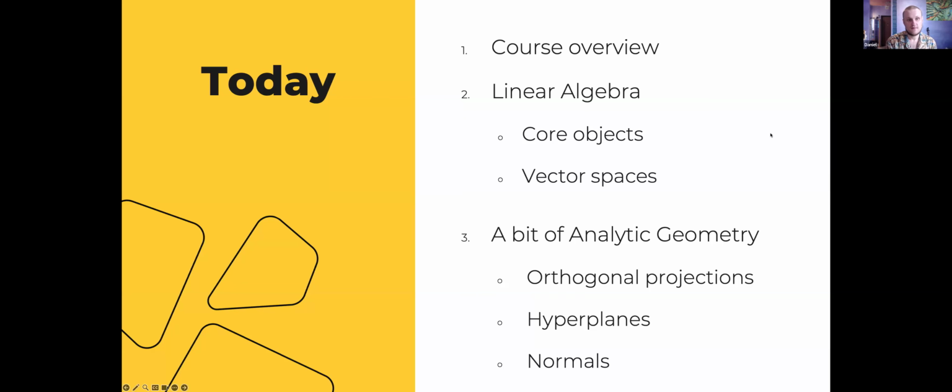We will cover the core objects and structures used in it. And we will touch on a bit of analytic geometry, but well, sometimes it's called analytic geometry, sometimes it is called a part of linear algebra. What matters is that we will talk about projections, orthogonal, normals, and planes, and hyperplanes, in particular. That will be for today.